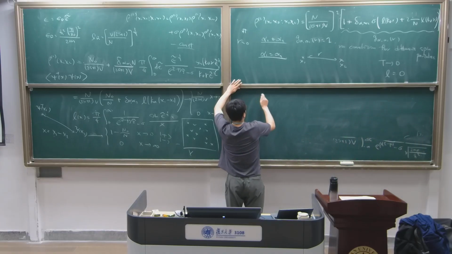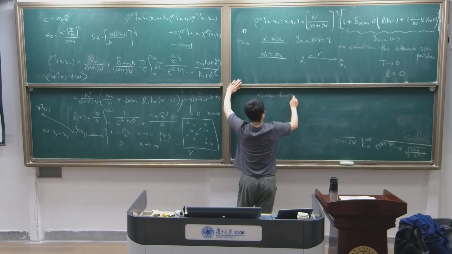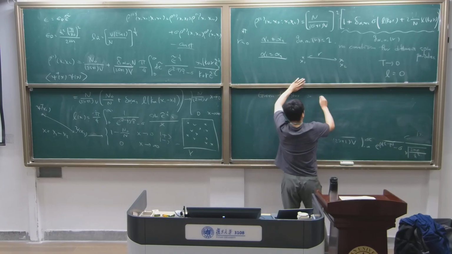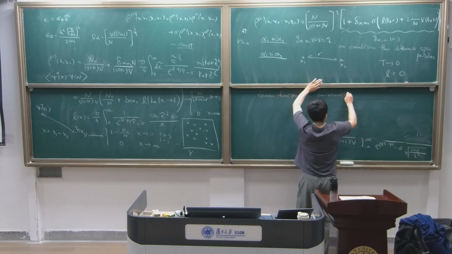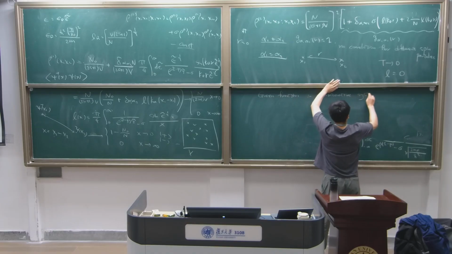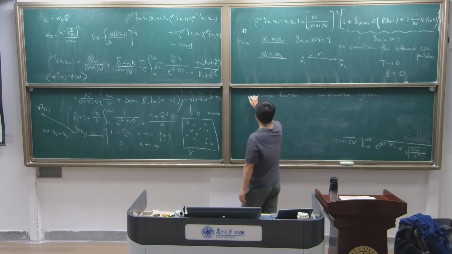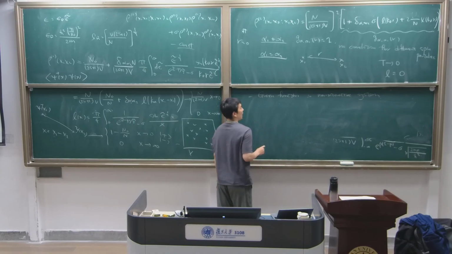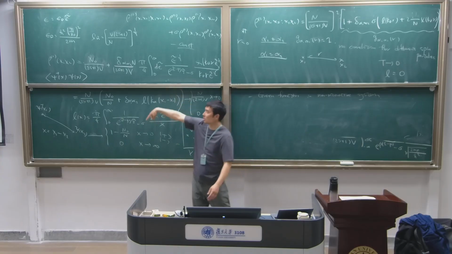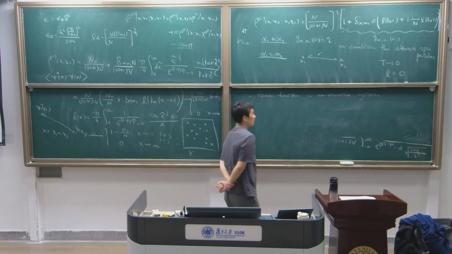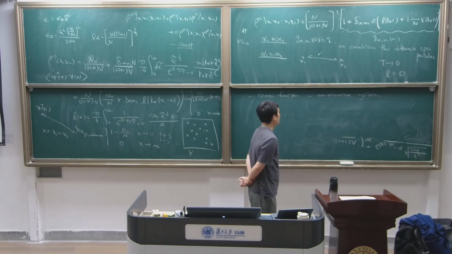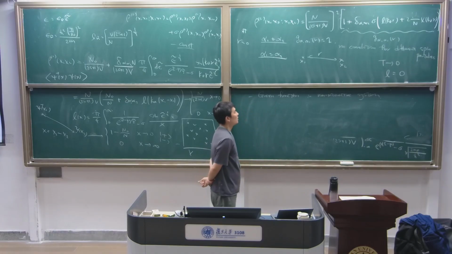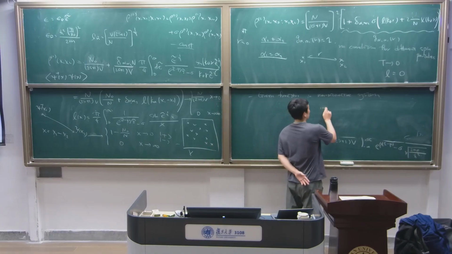So the following plan: I'm going to talk about the so-called Green function in the non-interacting system. Since we talk about this as the expectation value of an operator, it's very natural to discuss the Green function of the non-interacting system. But I'm going to omit the interacting system.